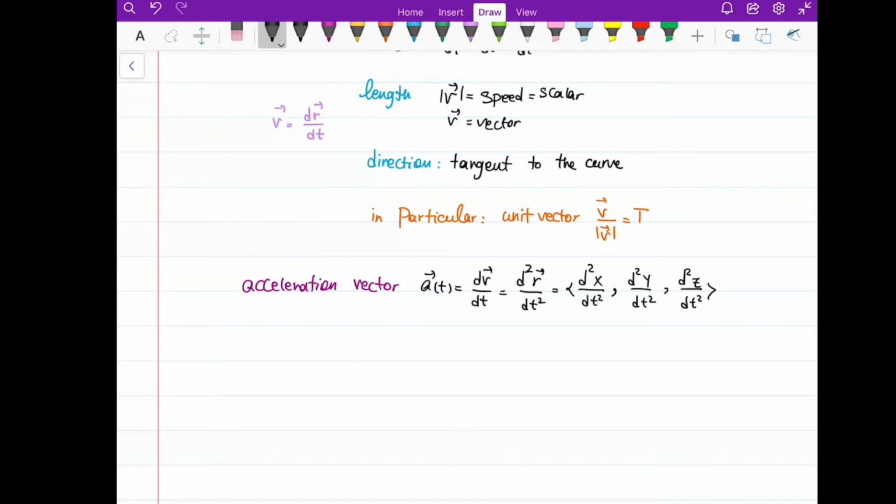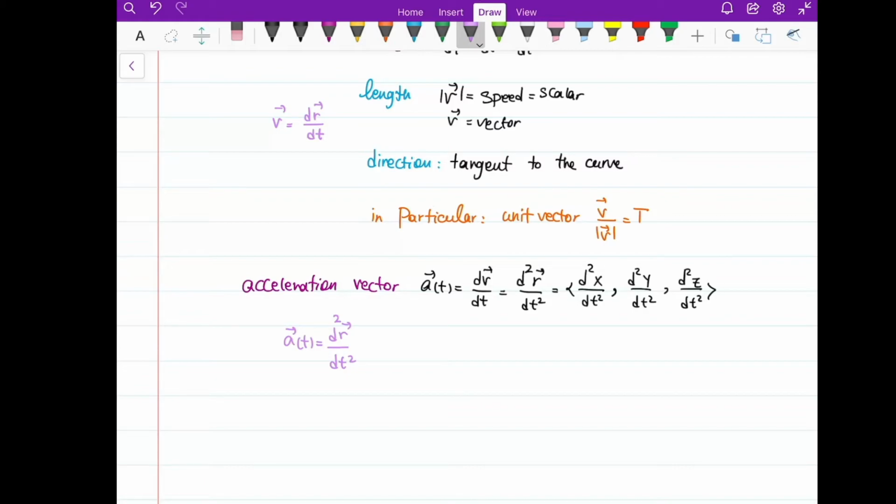We take the derivative of each component twice, and we get the acceleration vector. So a of t, the acceleration vector, is the second derivative of r, d squared r over dt squared. Okay, so that's about acceleration and velocity.